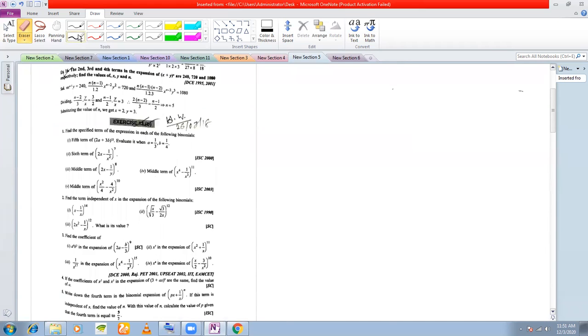It states: find the sixth term of the binomial. The given binomial is (2x - 1/x^2)^7. We want to find out the sixth term.